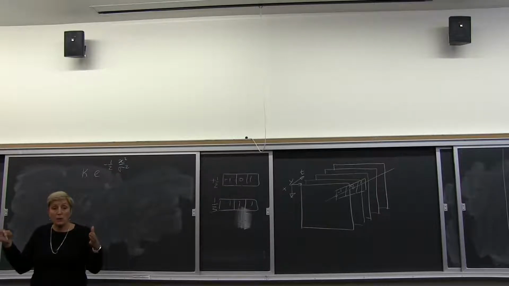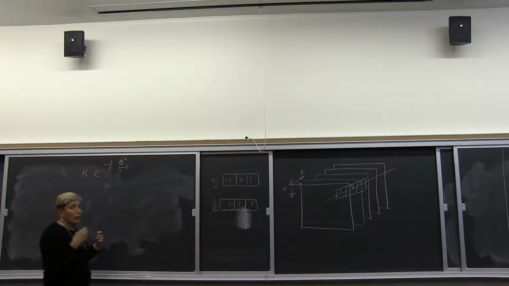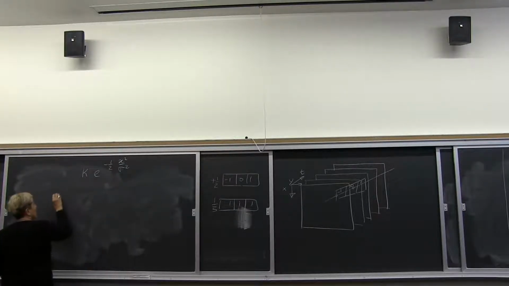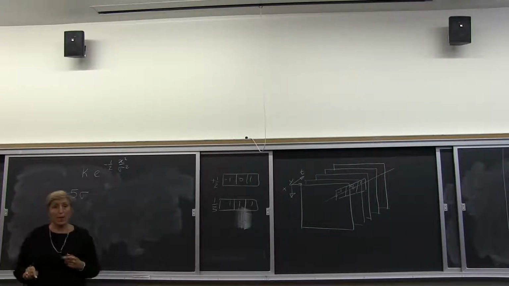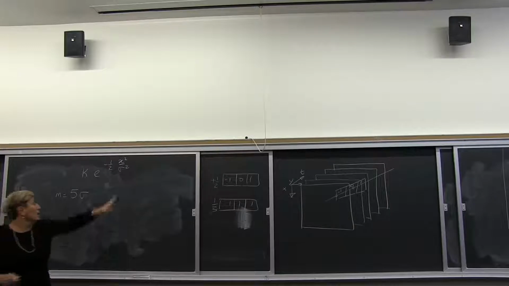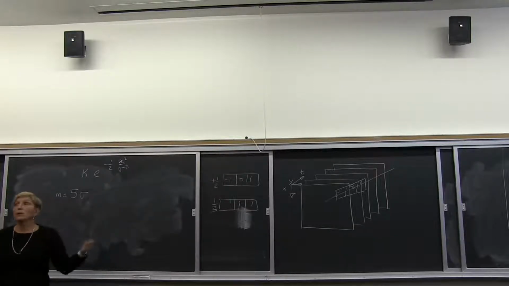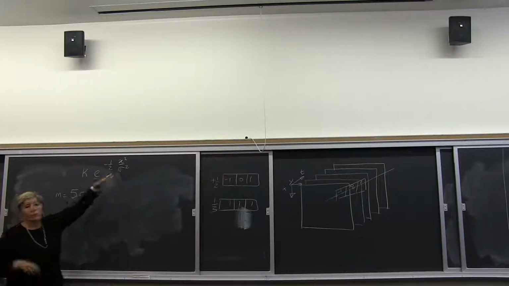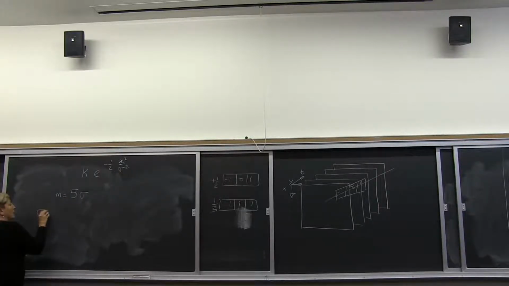A good rule of thumb is that the width of the filter should be 5 times sigma, where sigma is this parameter that has to do with the amount of smoothing I'm going to be doing. So let's say, for the sake of it, that I pick sigma equal 1. That means that my filter has to have 5 elements in it.